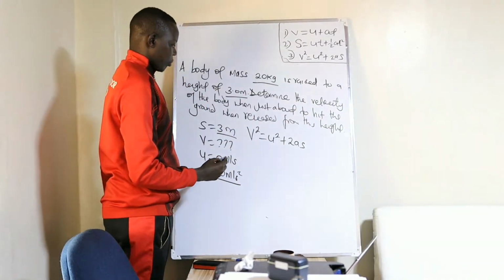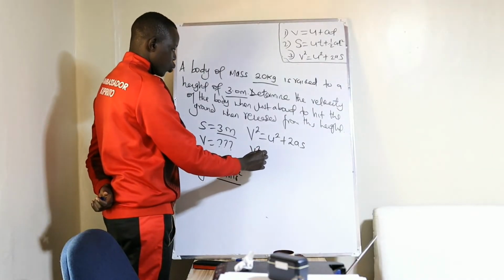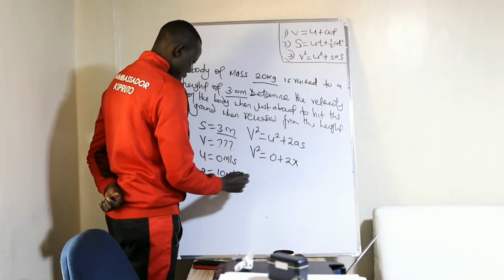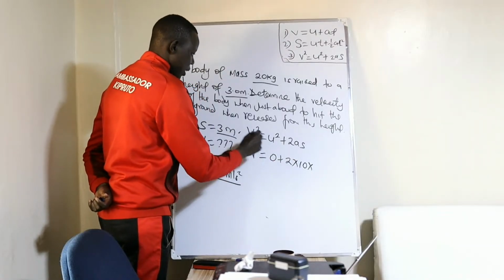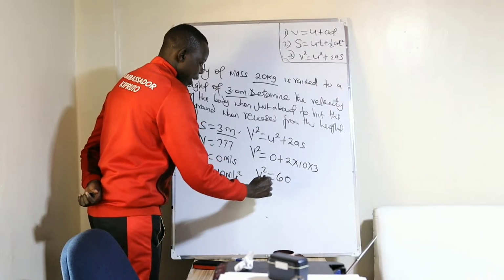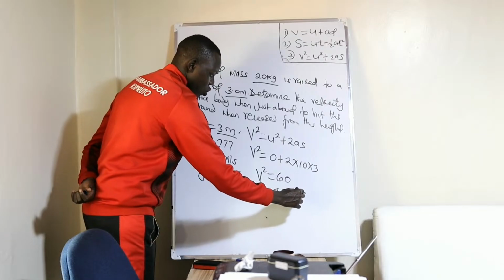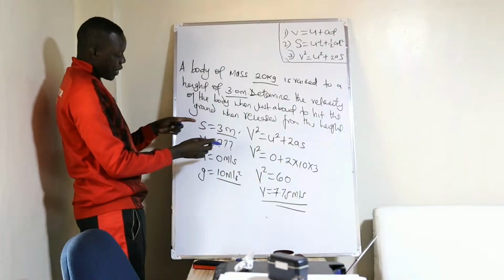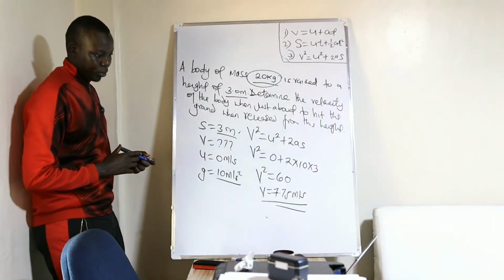V squared is equal to U squared, which is 0, plus 2 times A, which is now g, 10, times S, which is 3. So V squared is equal to 60, and V is equal to 7.75 meters per second. So you see, we have two ways of calculating it. But remember, in this method, I have not used the 20 kilograms.